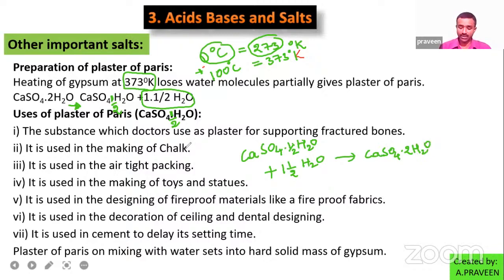So on mixing water to the plaster of Paris, it changes into gypsum. When you remove 1.5 water molecule from the gypsum, you are able to produce plaster of Paris. If those water molecules are added reversely, then it becomes gypsum. It's a reversible process.